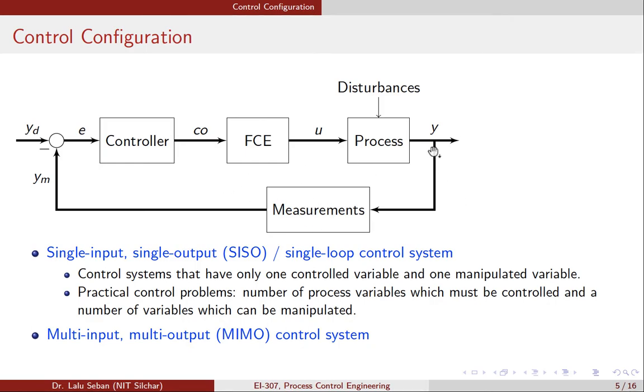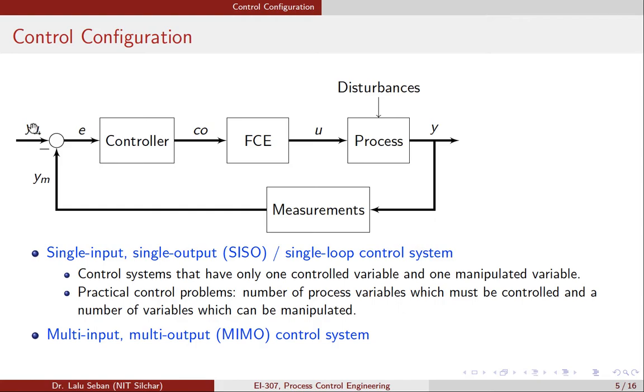The measurement setup will take the measurement and compare it with the desired value. Based on the error, the controller will give some control action, control decision, and through the final control element, the control decision will be implemented in the process. Ultimately, what is the objective? The objective is to take the output y to the desired value.